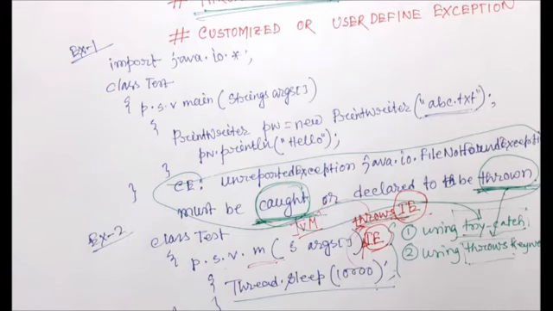Either we can use try catch or we can use the throws keyword. So the second purpose is that the throws keyword is only required for checked exceptions. In the case of unchecked exceptions, there is no meaning in using the throws keyword, or it is not a meaningful way to handle them.